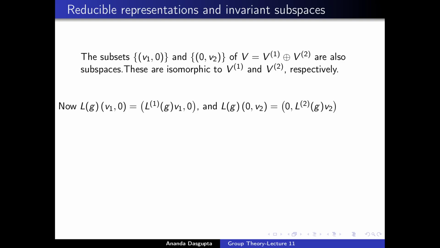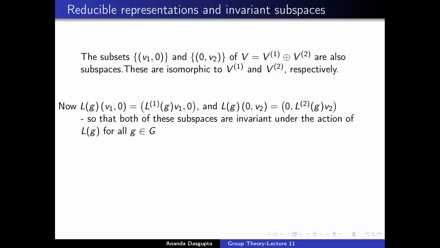Hence, the first set, the set of all vectors in which the second part of the pair is a null vector of V2, is invariant under the action of L(g). If you apply L(g) on every one of these vectors, you get only a vector in that set. Similarly, the second set of vectors, the subspace isomorphic to capital V2, is actually invariant under L(g).